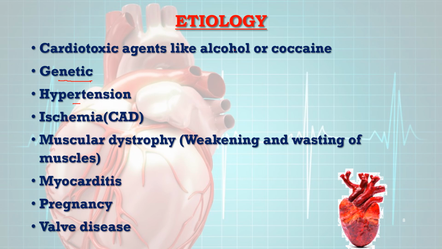Then hypertension, increasing blood pressure. Then myocardial ischemia, where there is myocardial cell death secondary to coronary artery disease. Then muscular dystrophy, that is weakening and wasting of muscles. Myocarditis, that is inflammation in the myocardium. Then pregnancy and valve disease. These are the etiology as well as risk factors for developing dilated cardiomyopathy.